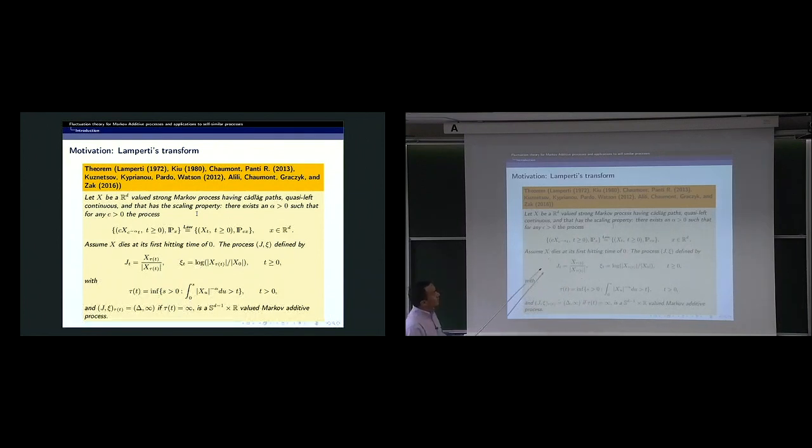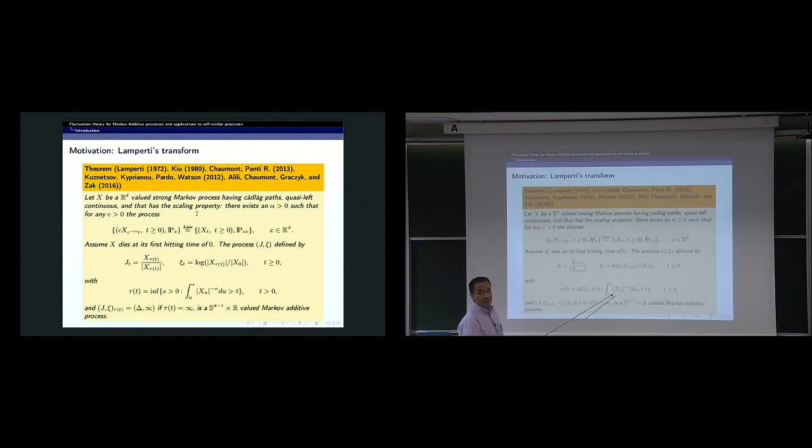So here we have, as before, a self-similar Markov process. But now this one is taking values in R^d. It's no longer positive. Then we define a new process, J and psi, where J is the angle of X and psi is the log of the radius of X. I time change that process by tau t, which is the inverse of this additive functional.